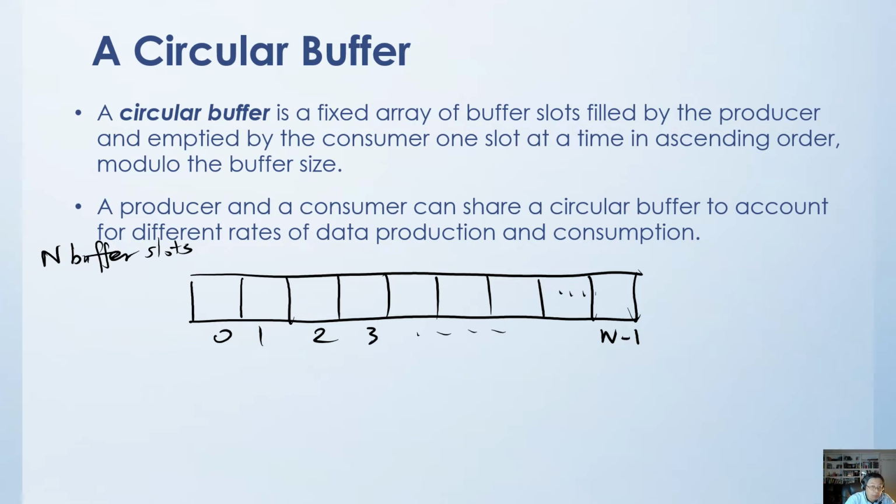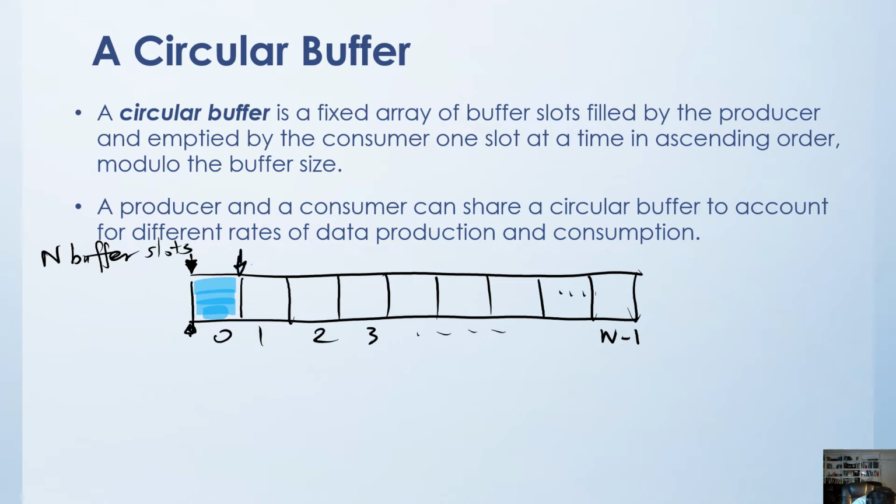A producer and a consumer can share a circular buffer to account for different rates of data production and consumption. Initially, all the buffer slots are empty, so both cursors point to the first one. When the producer produces something and fills the first buffer, the cursor moves to the next one.